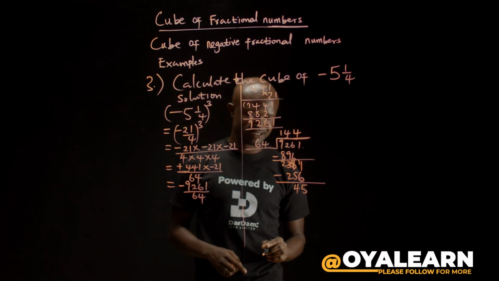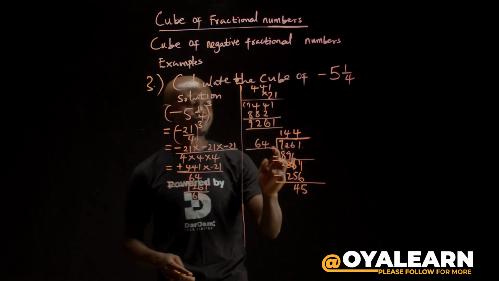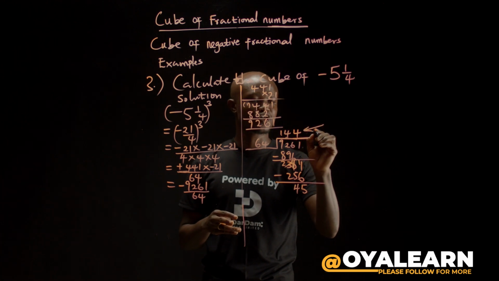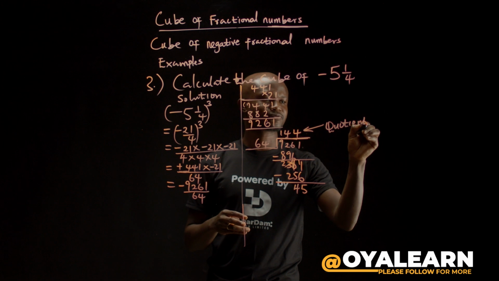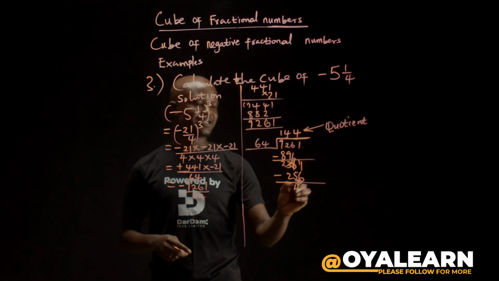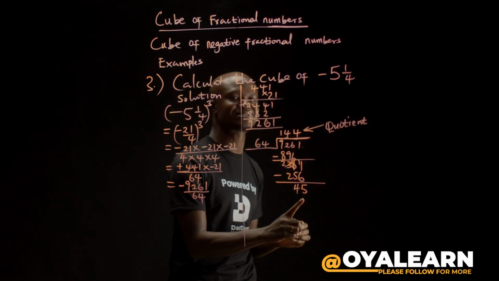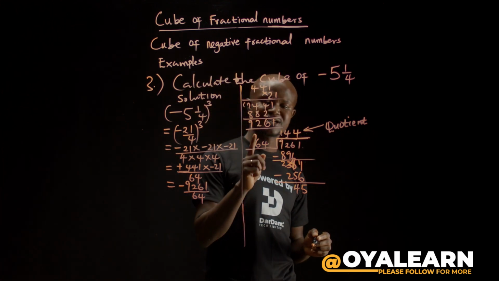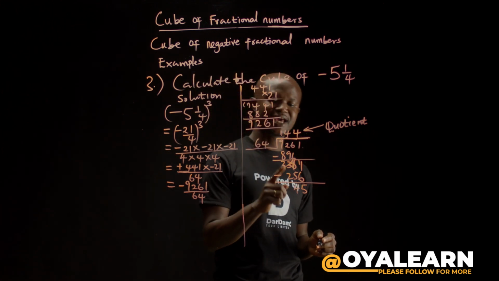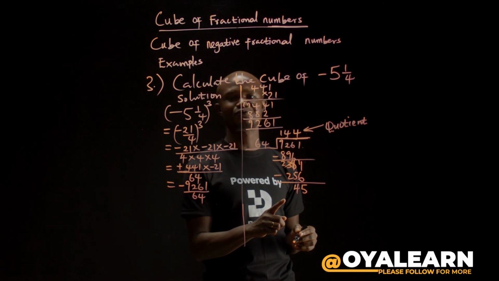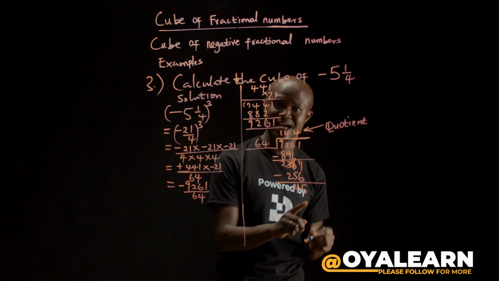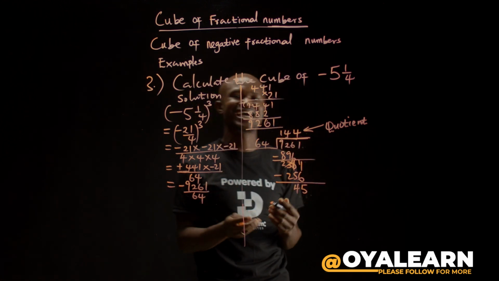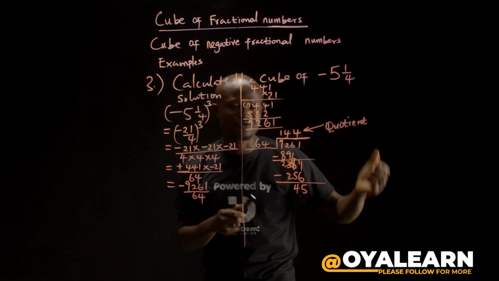So what do we have now? These are the quotient. And this is the remainder. Why is this a remainder? Because 64 is now bigger than 45. If the number you have here is still greater than 64, then you need to divide further.